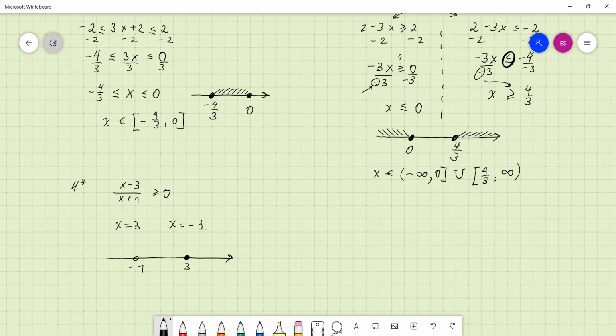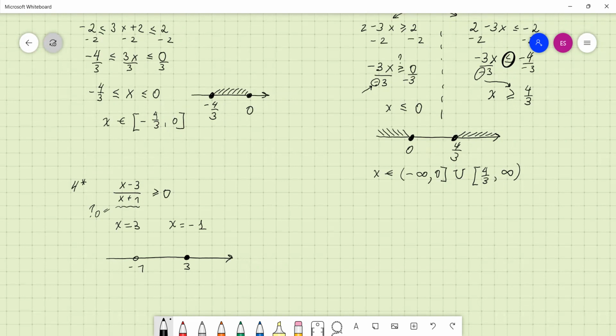But if you substitute -1 into your inequality, you are going to get -1 plus 1, and 0 in the denominator. What should we do with this? We are going to leave this -1 empty because it does not satisfy our inequality, because the expression itself is not defined at this point. We cannot divide by 0.